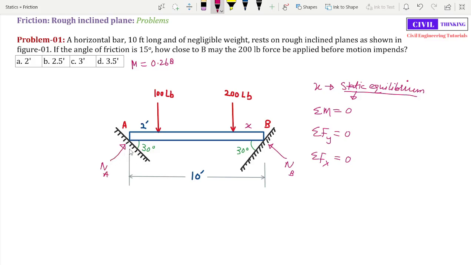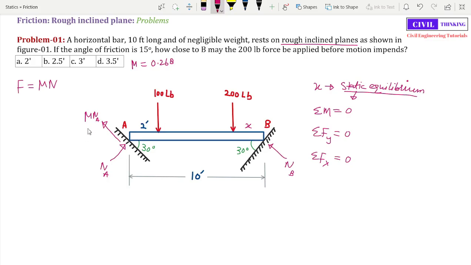Now because it is said that the planes are rough, what does that mean? It means there will be a friction opposite to the motion. You see, this bar is trying to move downwards, so there will be a friction in this opposite direction, which is equal to mu times Na, because we know force of friction is equal to mu times normal reaction, where mu is the coefficient of static friction.